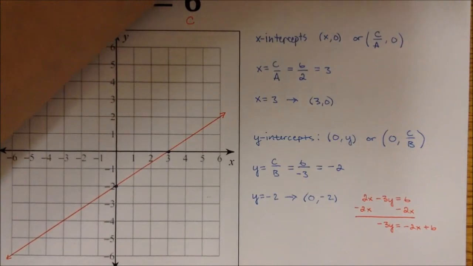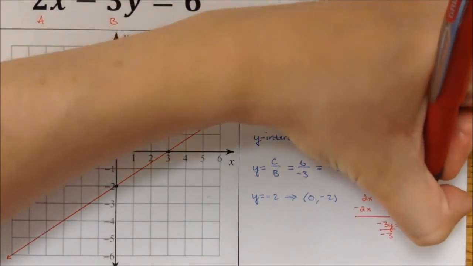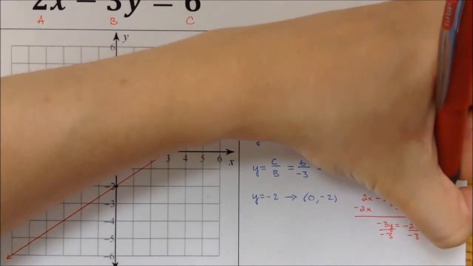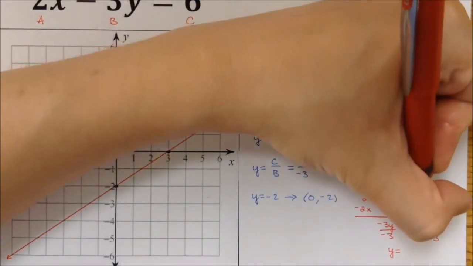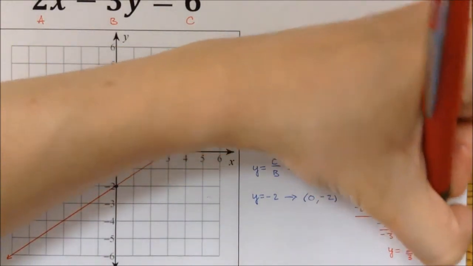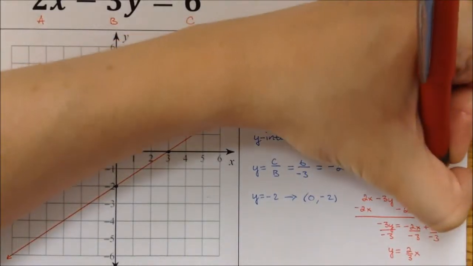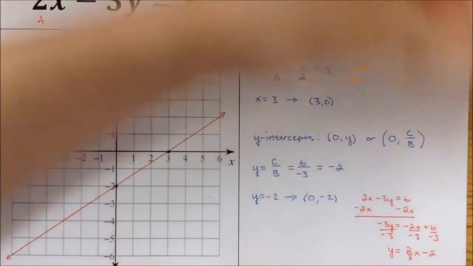And if I want to get y by itself, I'm going to divide everything by negative 3. So I'm left with y equals negative 2x over negative 3, which is simply positive 2 over 3 x, and then plus 6 divided by negative 3 is minus 2.